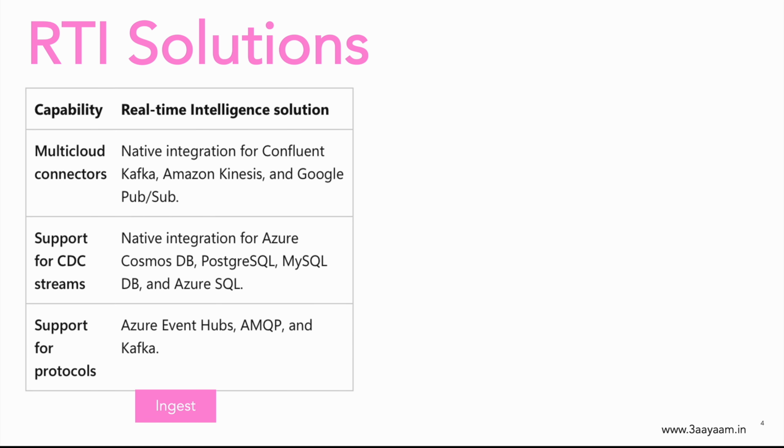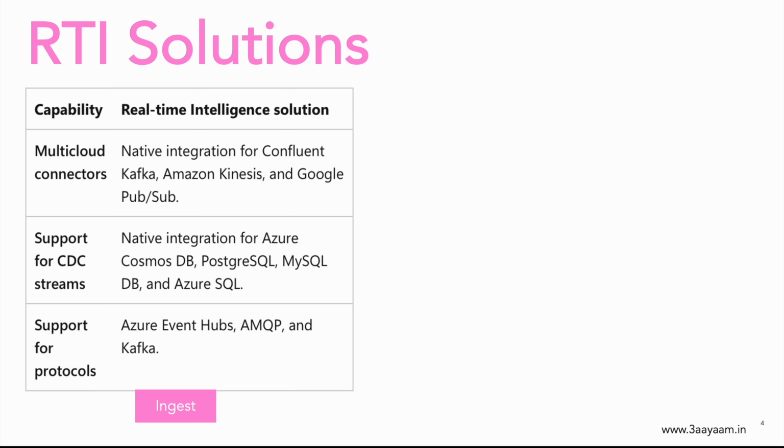First of all, let's talk about the solutions that are provided by Fabric and their corresponding capability. The ingestion layer, which is handled by Eventstream, provides the capability to connect from different clouds. You can ingest data from different cloud providers like Confluent Kafka, Amazon Kinesis, Google Cloud's PubSub.